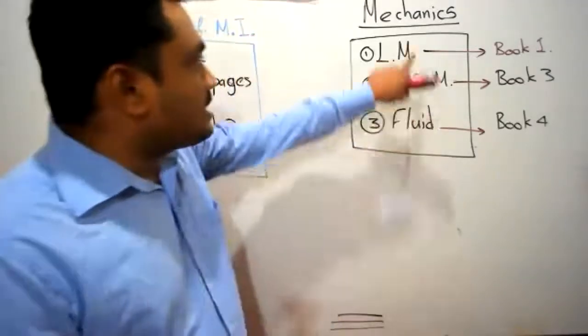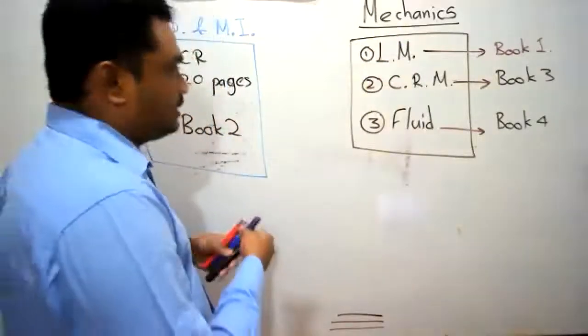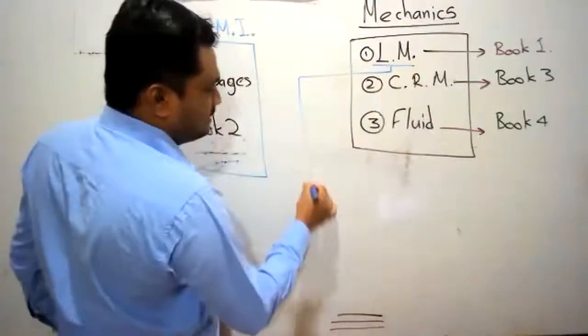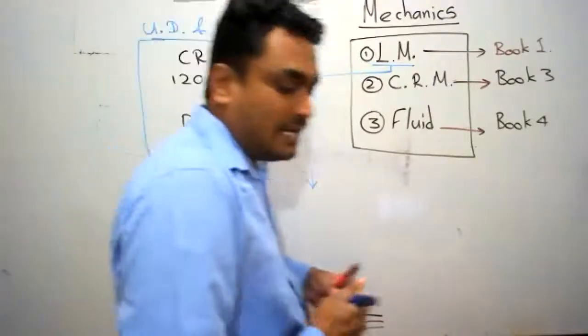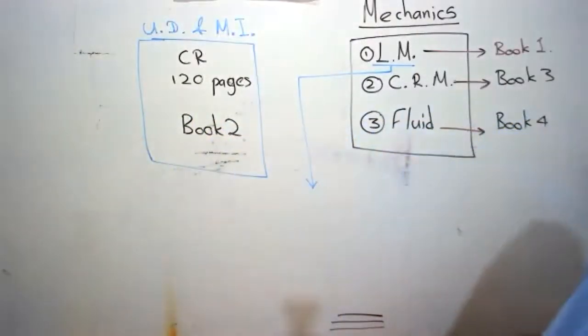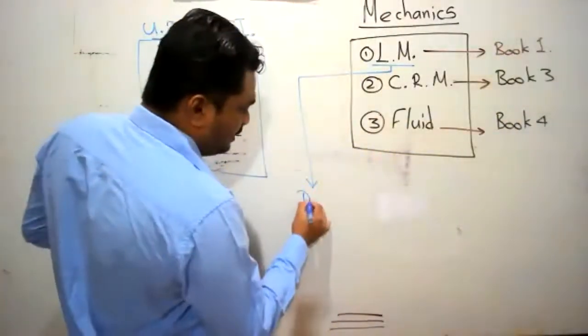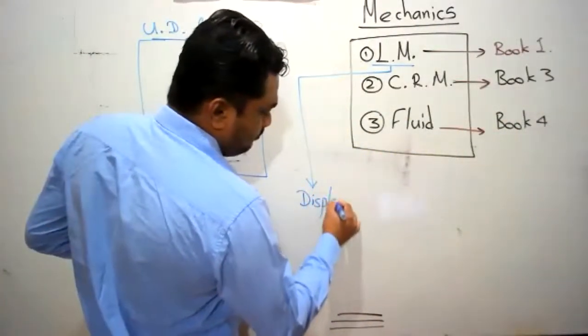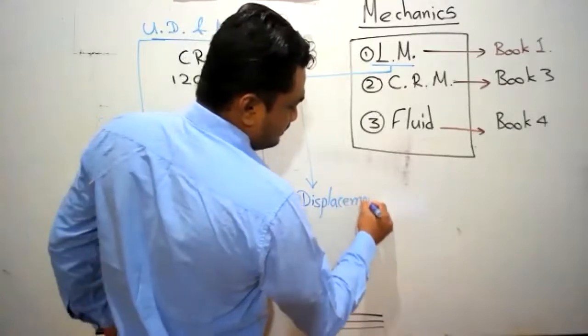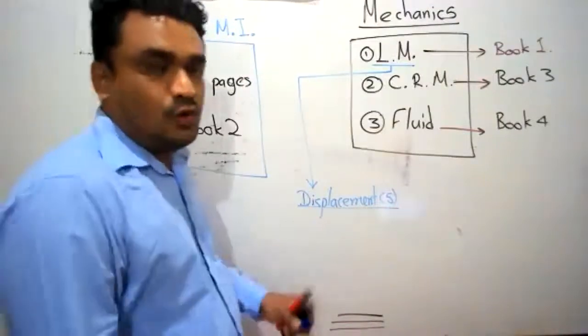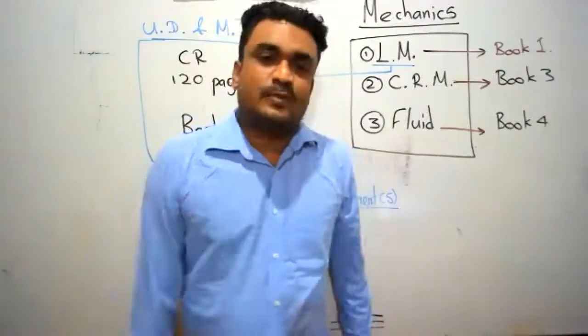So last week we started mechanics. The first subheading that we wrote under mechanics was displacement, right? Now somebody unmute the mic and give me the definition of displacement. Displacement. Okay, I have muted all the mics. So let me just explain.